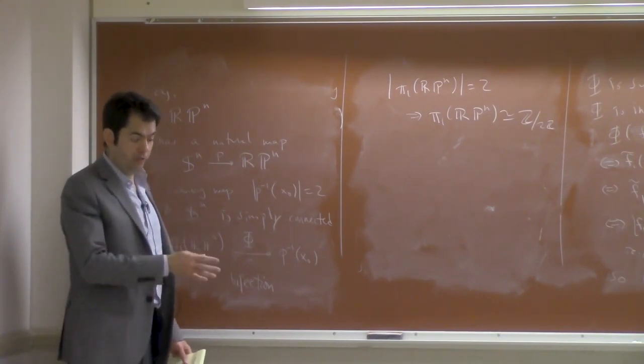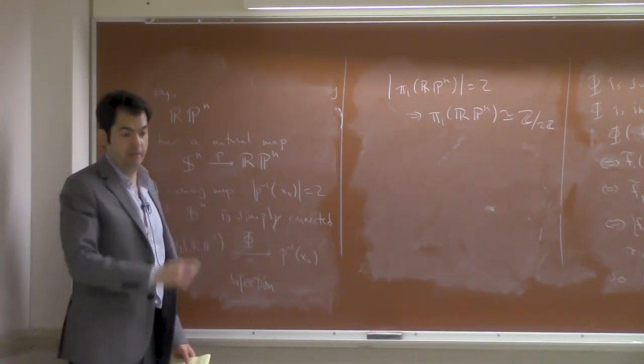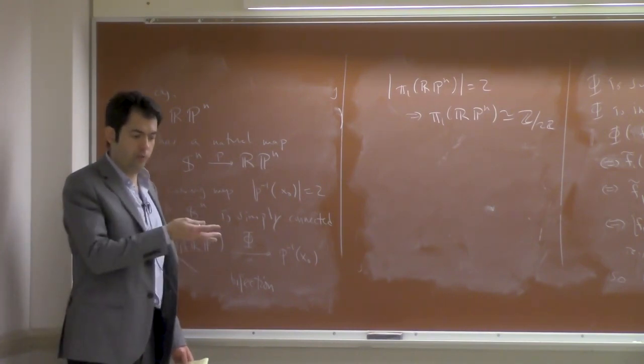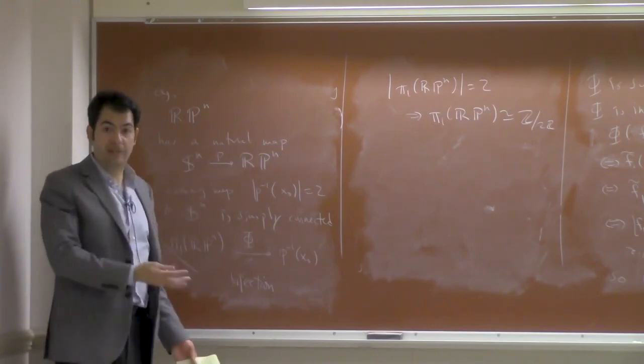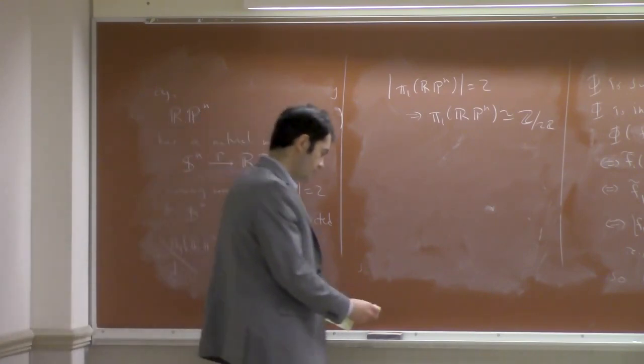So the sphere is the universal covering space, and for any prime p, you have an instance where this cover has p sheets, and so the fundamental group has to be Z mod pZ. Okay.